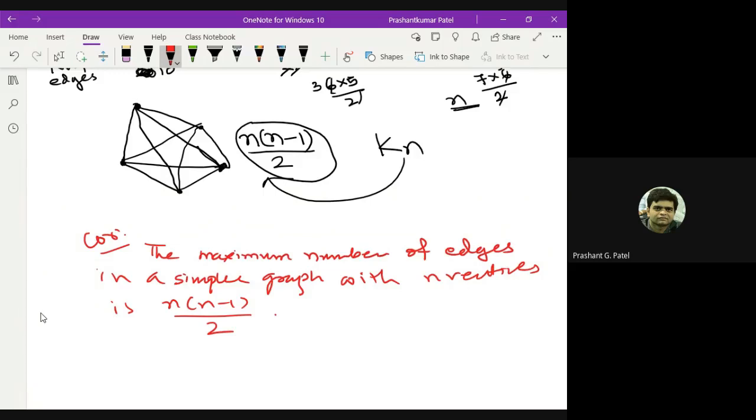In other words, we can say that a complete graph has n into n minus 1 by 2 edges.